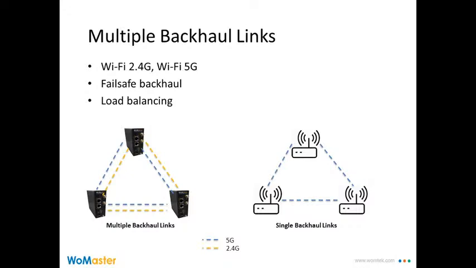Another benefit is that the mesh network will balance the throughput between the 2.4G and the 5G. It will choose the one with better performance, as previously mentioned. Users don't need to worry if one of the bands has a problem. The network still keeps working.